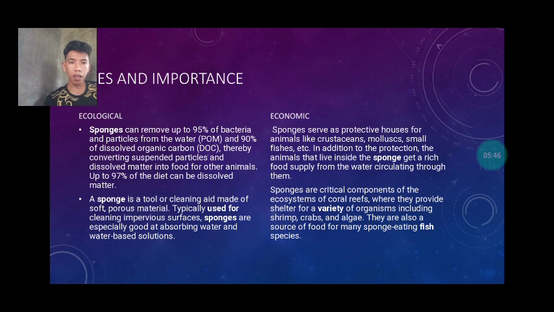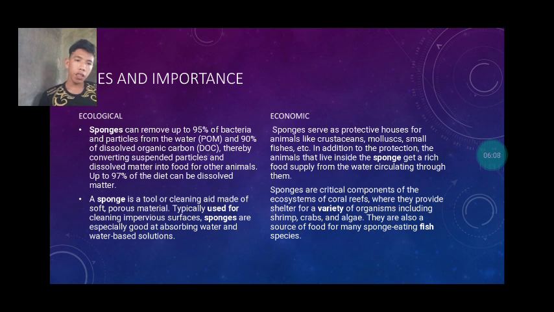Up to 97% of the diet can be dissolved matter. A sponge is a tool or a cleaning aid made of soft, porous material, typically used for cleaning impervious surfaces. Sponges are especially good at absorbing water and water-based solutions.